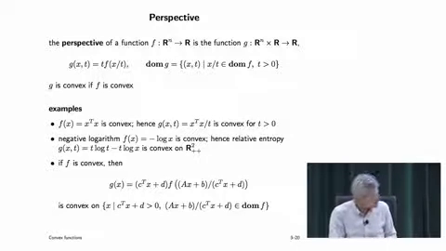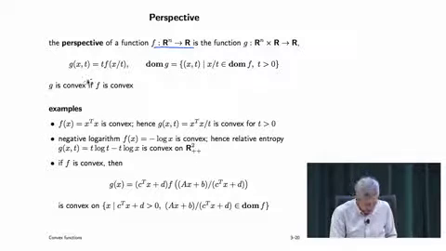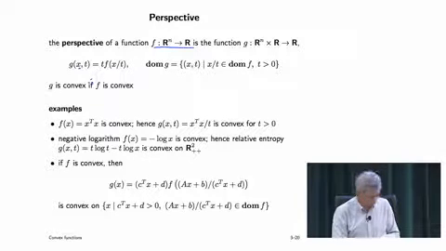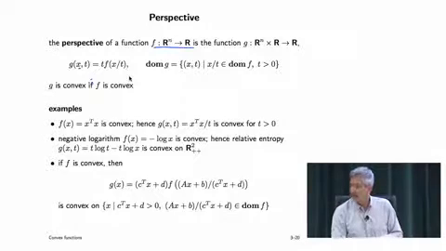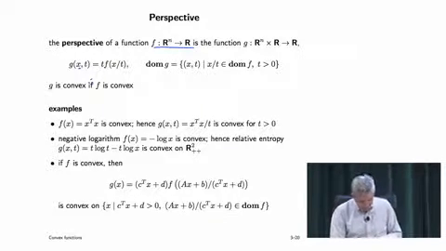So the perspective of a function is this. You have a function from R^n to R. The perspective is a function on the graph space, so it actually takes two arguments, one in R^n and one in R, in fact R plus plus, so a positive argument. And it's t f(x/t).